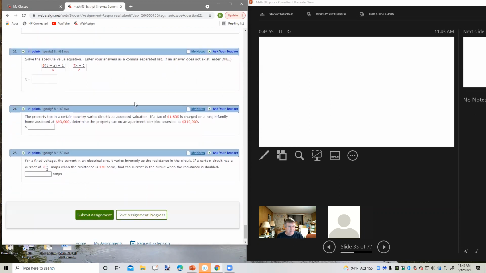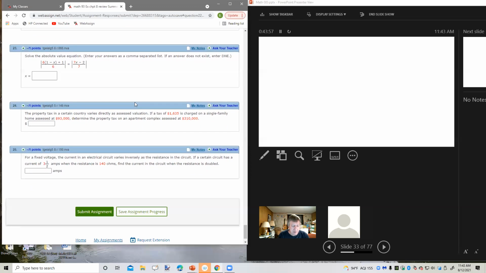All right. Solve the absolute value equation. And we've got 6 times the quantity 1 minus x plus 1 all over 6 equals the absolute value of 7x minus 2 all over 7. What I'm going to do, I'm going to simplify inside the left absolute value, but recall that when you have 2 absolute values, you want them separated like they are.